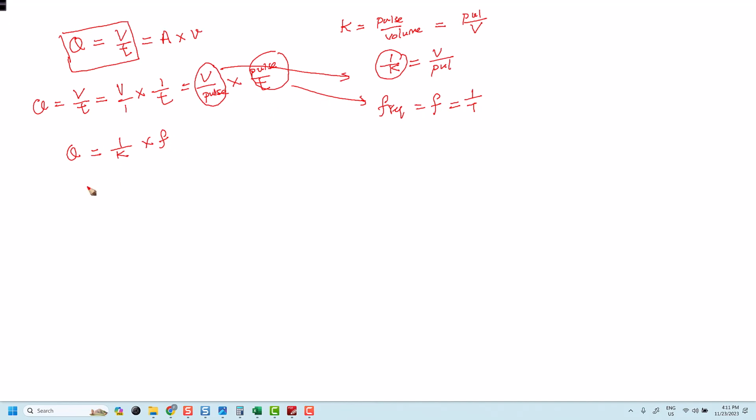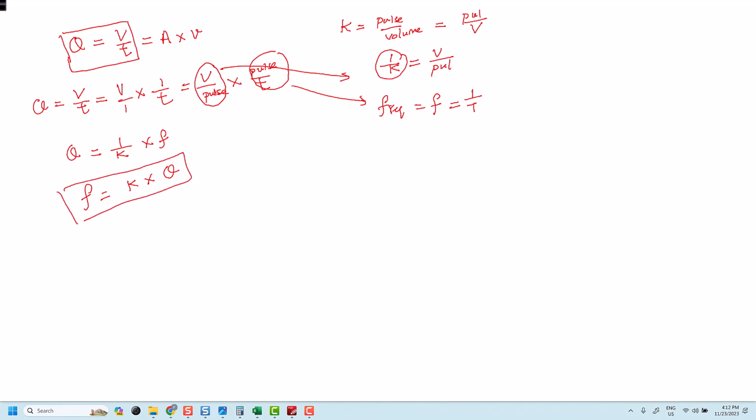So if you want to inject the frequency signal by using the process calibrator or signal generator into the flow transmitter sensor terminal, we have to understand this formula. And so the frequency can be written as K factor times Q. Alright.